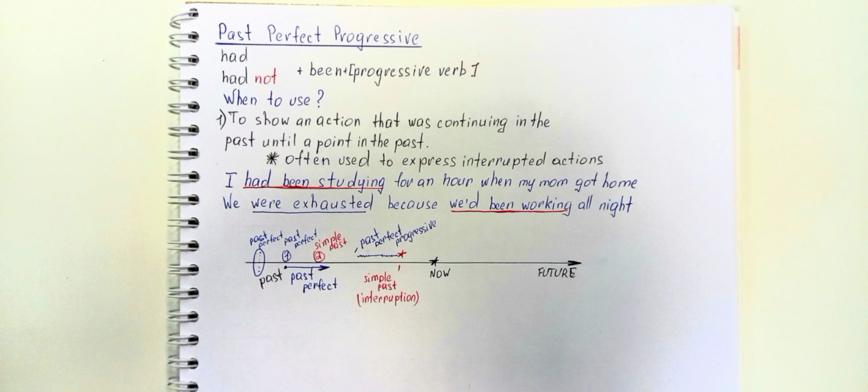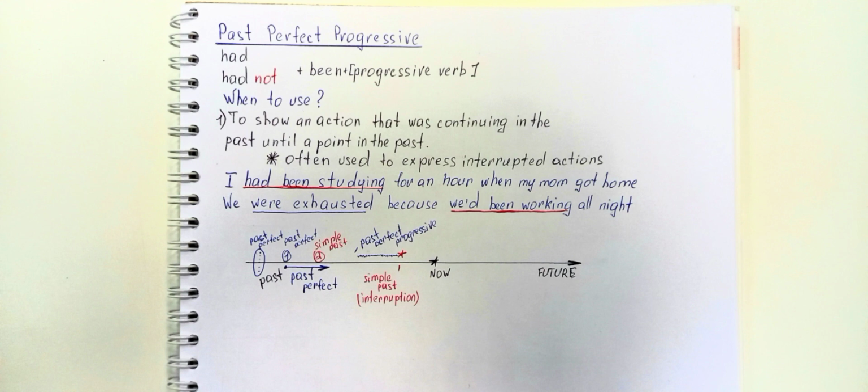So when here marks the point where the action changes or the situation changes or is interrupted. So here I marked in red with this X is the interruption when my mom got home.